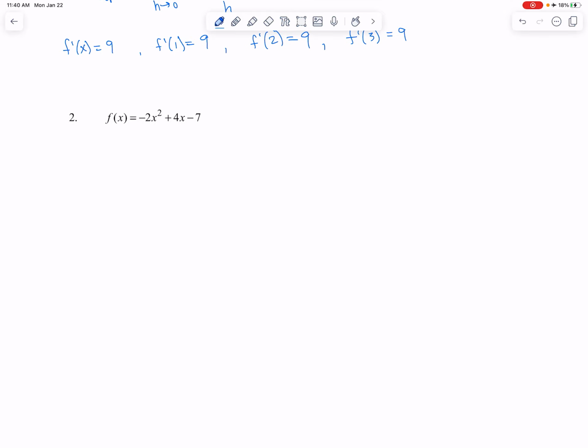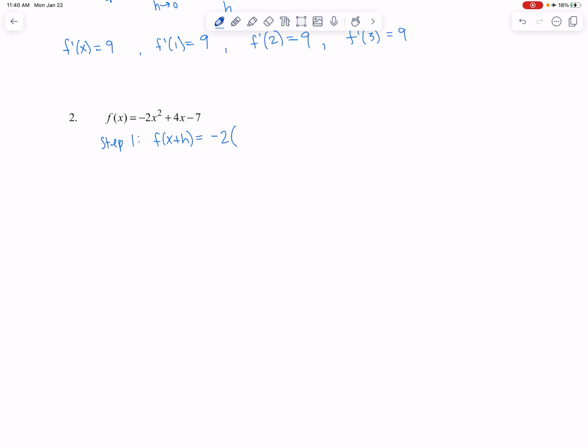Okay, let's do it again. f of x equals negative 2x squared plus 4x minus 7. Step 1, f of x plus h. So everywhere we see x, let's turn it into x plus h.